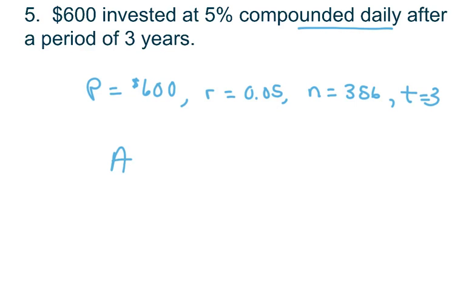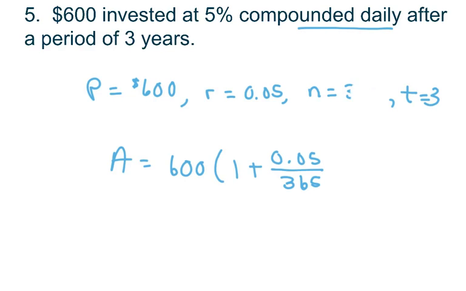So your amount equals 600 times 1 plus 0.05 over 365, raised to the 365 times 3, and that gives you approximately 697.09.